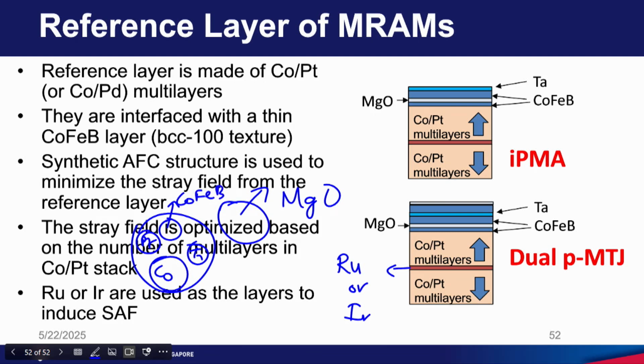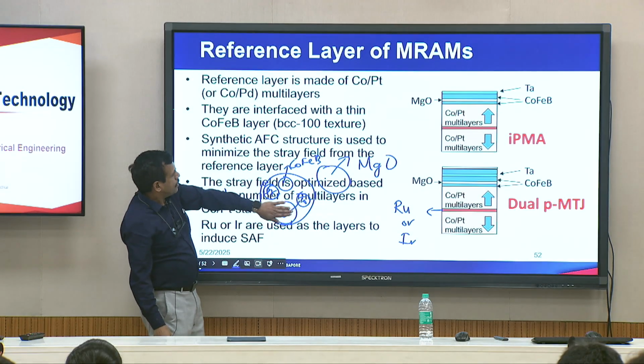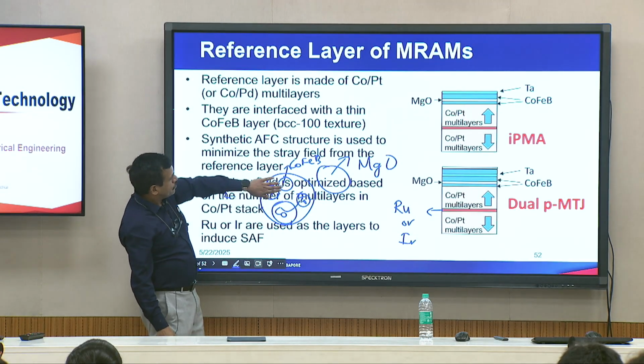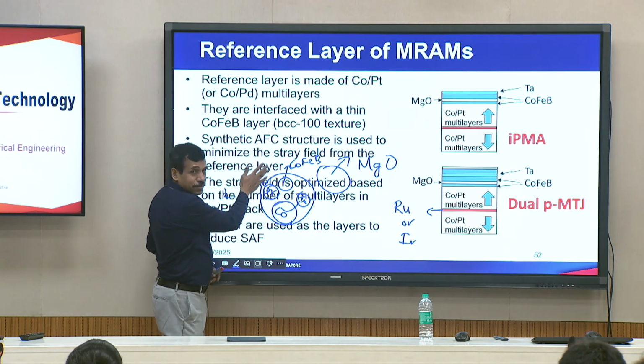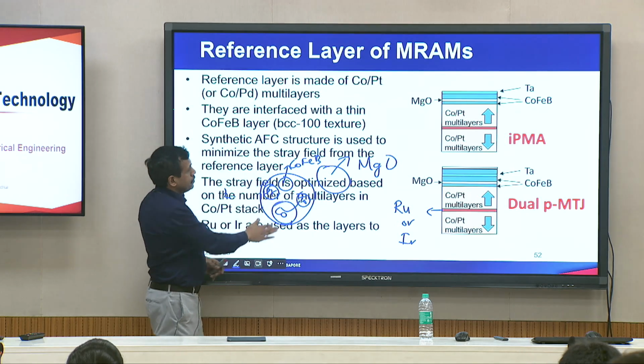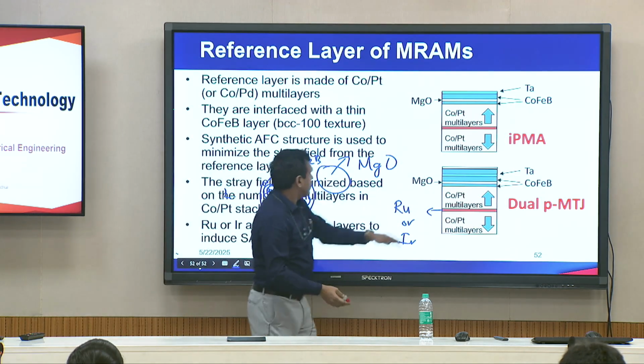So what happens during the fabrication of this whole stack? Let's say we start with the tantalum. Tantalum will be sputtered. Then the wafer will move from this place to this place, cobalt will be sputtered. Then next layer platinum, so the wafer will move to platinum, it will get sputtered. Then it will come back to cobalt. So there will be a lot of back and forth oscillation, and many of these multilayers will be sputtered.